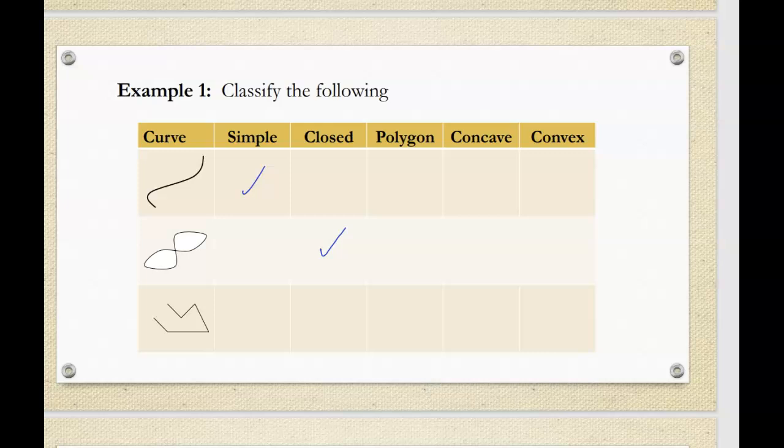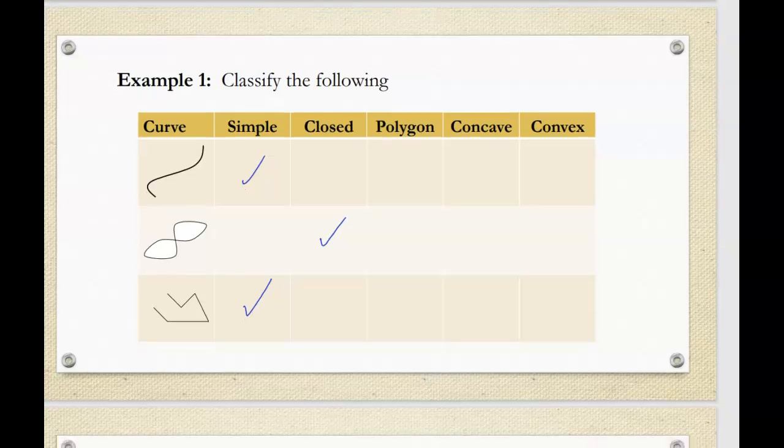It is closed. It is not a polygon because it doesn't have straight lines. And because it's not simple, we don't classify it as convex or concave. This one is simple because it does not cross, but it is not closed, therefore we do not classify it as any of the others.